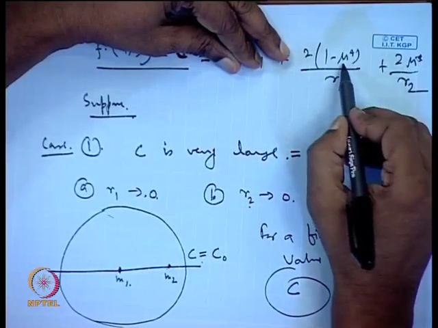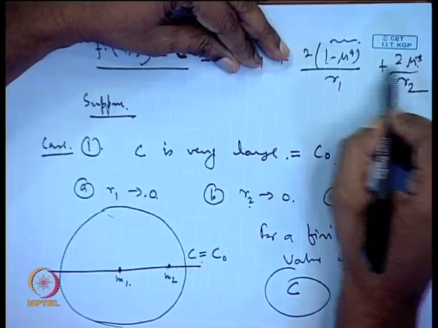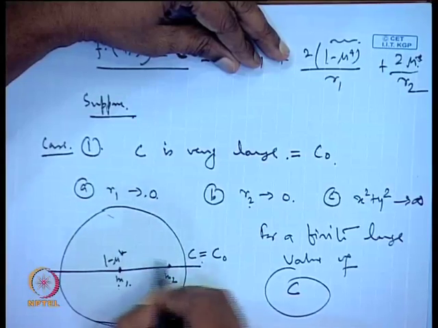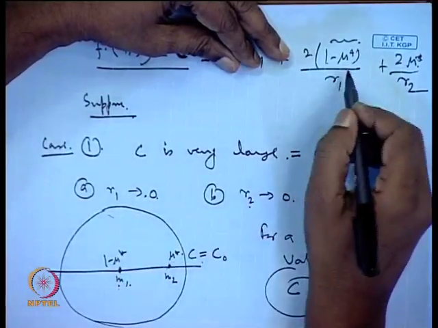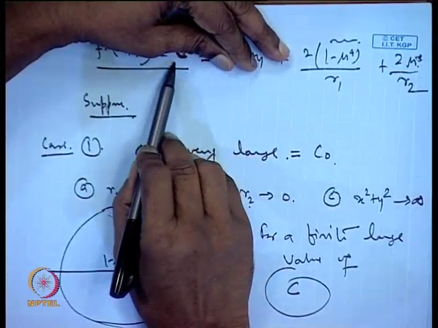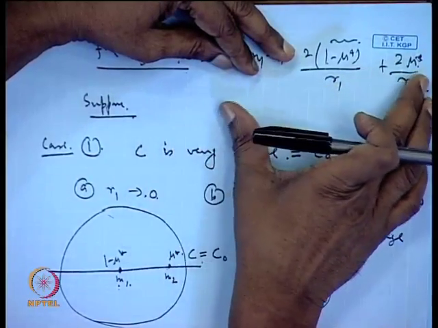Now, 1 minus mu star is larger than mu star, because the mass m 1 on the left hand side we are taking as the larger mass. This is our 1 minus mu star and this is mu star, so this is the larger mass. This implies that for C, we have to equalize the left hand and the right hand side.